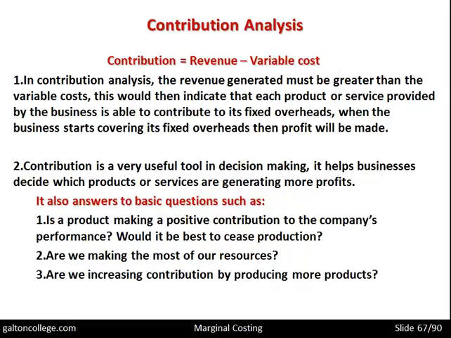Are we increasing contribution by producing more products? I mean, that's an important one to know. It clearly follows from what we were just saying earlier. If management know that they are getting a contribution from products, then clearly the more they make, the greater their ability, I should say, to cover their fixed overheads.